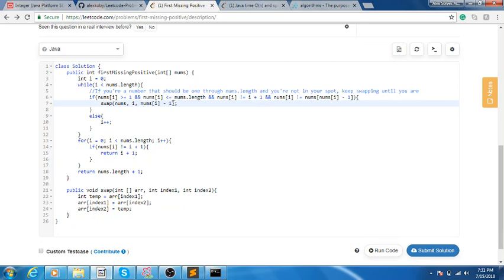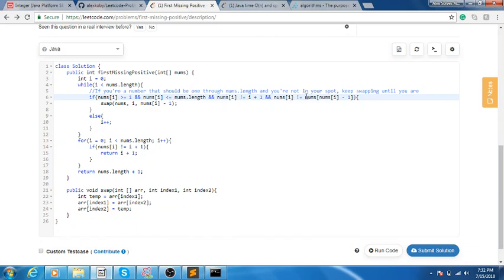So knowing that, we know that this is what we're swapping. Say this is a 1, or I is 0 and there's a 1 there. Well, actually then this check wouldn't be hit. So say I is 1 and there's a 1 there.